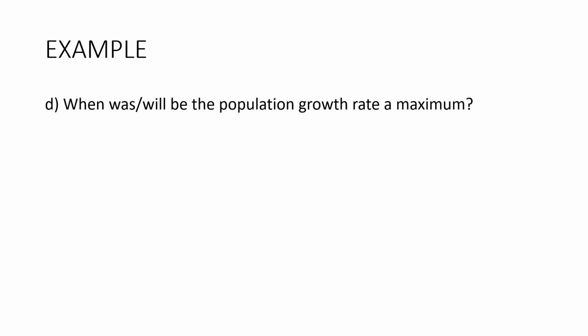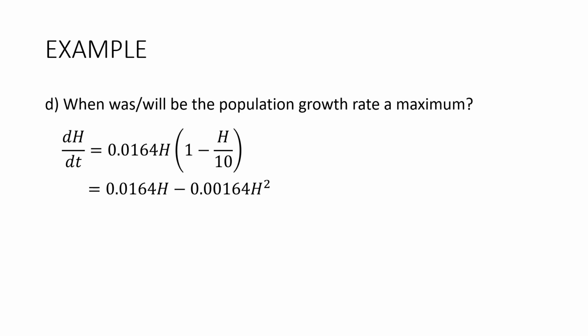Part D. When was or will be the population growth a maximum? So we have dH/dt, here's our k, 0.0164H multiplied by 1 minus H on 10. We could differentiate this and put it equal to 0 and test that it's a maximum and all of that. But it's just a parabola, and the easiest way is just to find the vertex of that parabola.